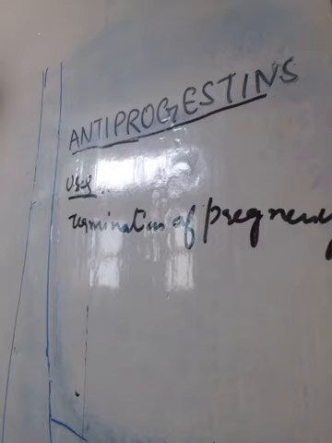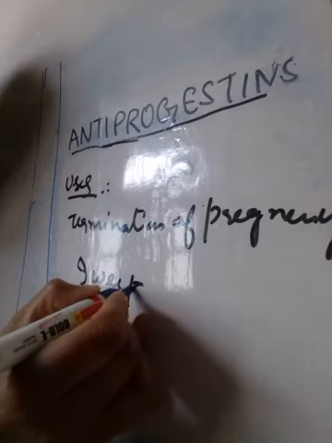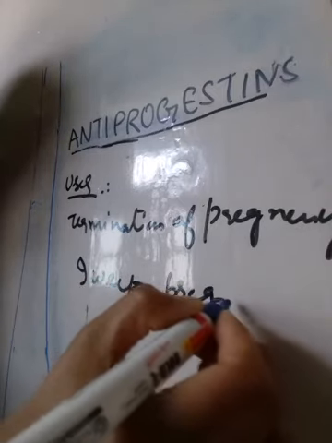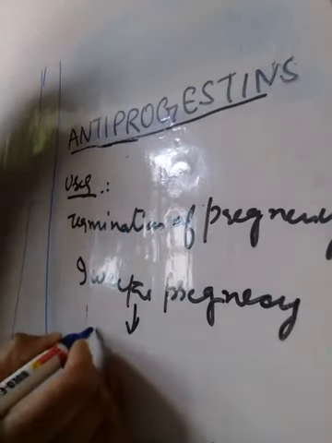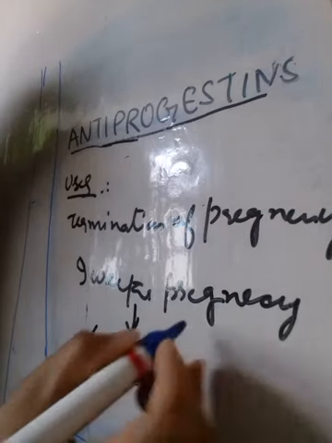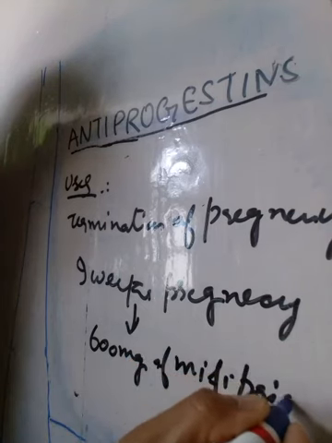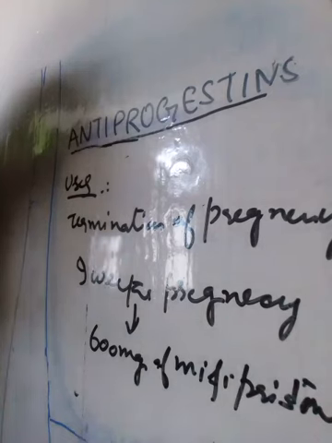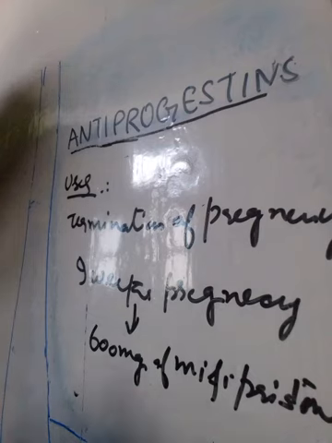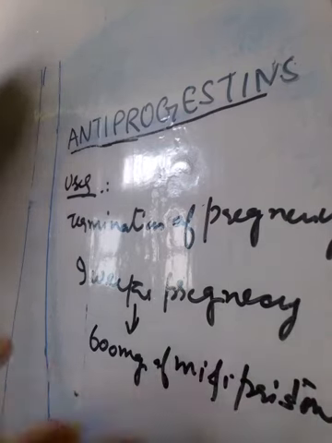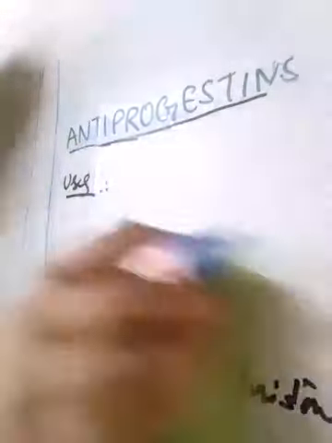It can be given up to 9 weeks of pregnancy. A 9 weeks pregnancy can be terminated by giving 600 milligrams of mifepristone, followed 48 hours later by prostaglandins, which increase the uterine contractility and facilitate the expulsion of the blastocyst.